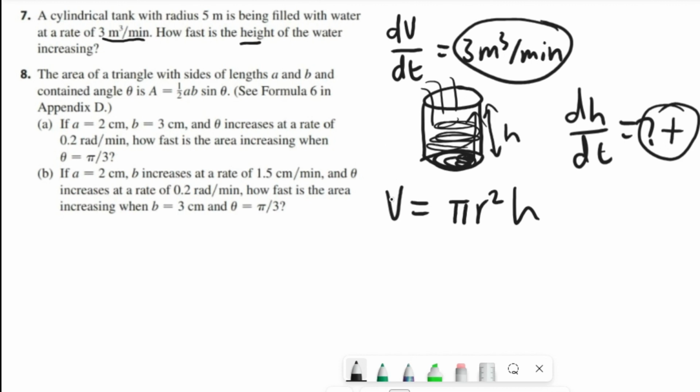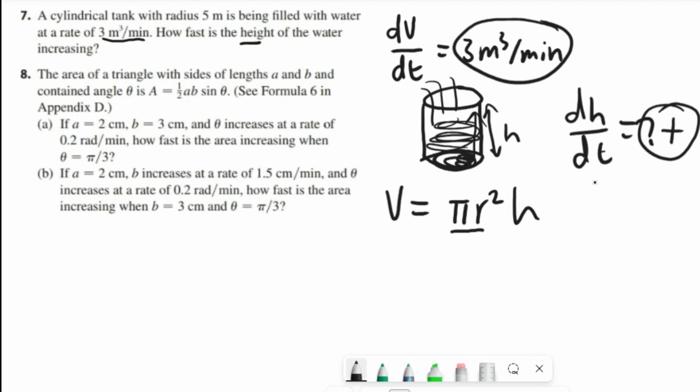Okay, so the first step is to write the formula that relates the variables, and then you identify your constants. The things that are not changing are constants. Pi and r squared are not going to change, because r is constant. If this was a cone, the radius would change as height goes up.